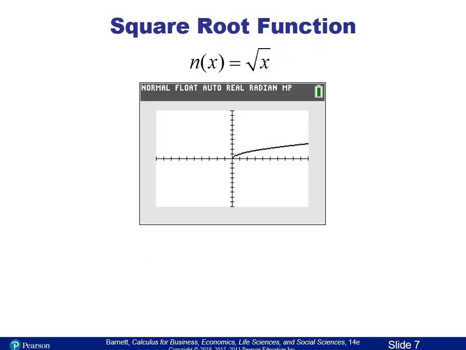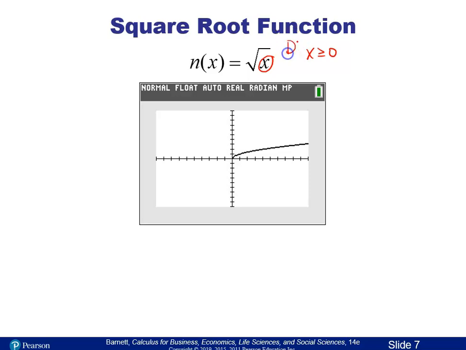The square root graph, just like we talked about in the first section, is a little bit different because we do have some limitations on what can be here for this x. We said that we can't take the square root of a negative number, so only positive x's can be evaluated here.